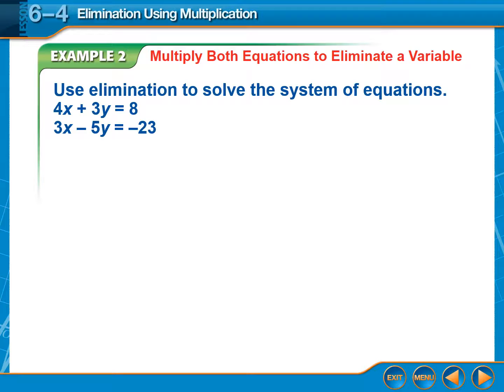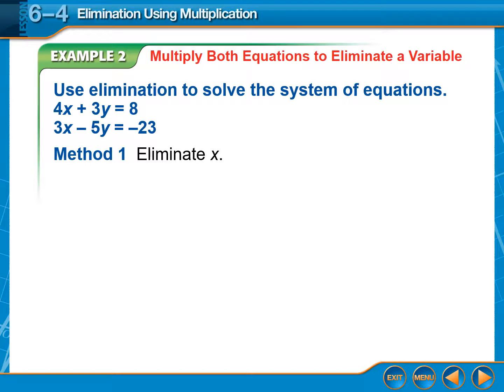So to use elimination, I need to change these coefficients by multiplying either the first equation or the second equation by a factor. Well, I can't change 4 directly into 3. I can't change 3 into 4. I can't change 3 to 5 or 5 to 3. So I have to think of what common multiples there are for either 3 and 4 or 3 and 5.